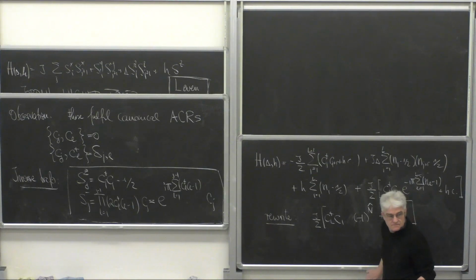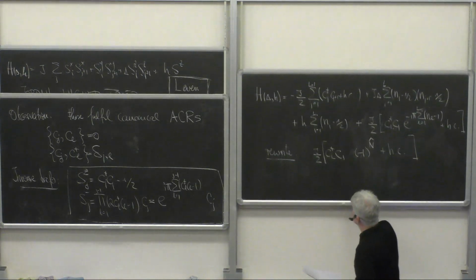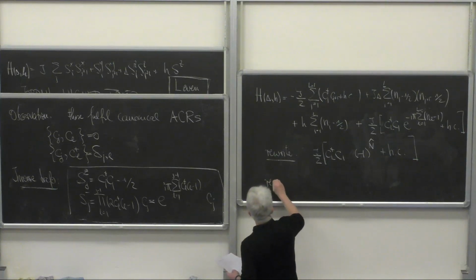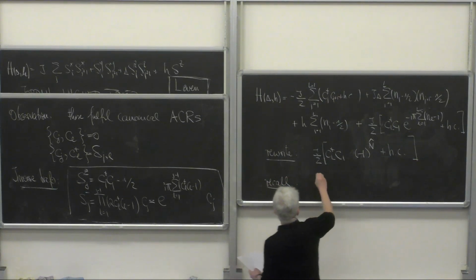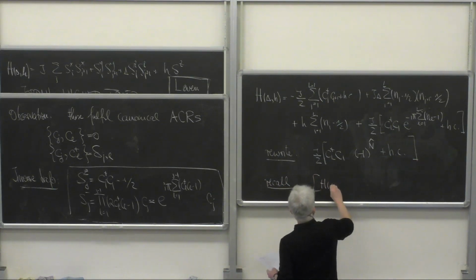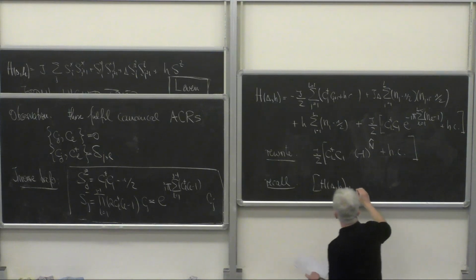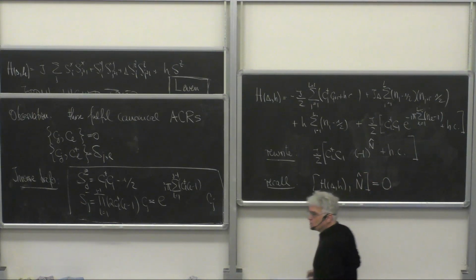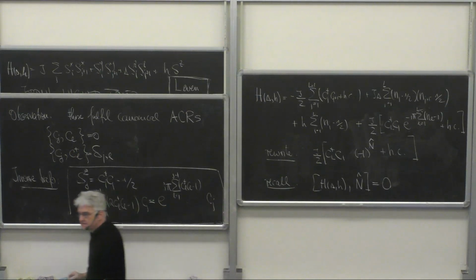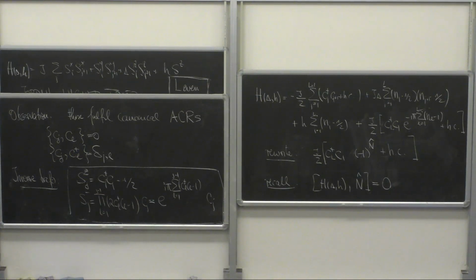Okay? Now, recall that the Hamiltonian actually, as I stressed, had this U(1) symmetry, so it commuted with S^z. And that translates to the Hamiltonian commuting with the total number of fermions.